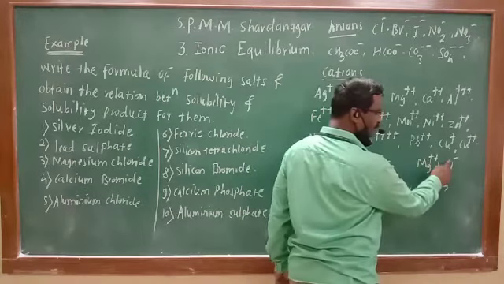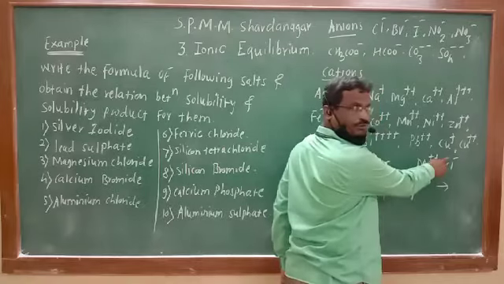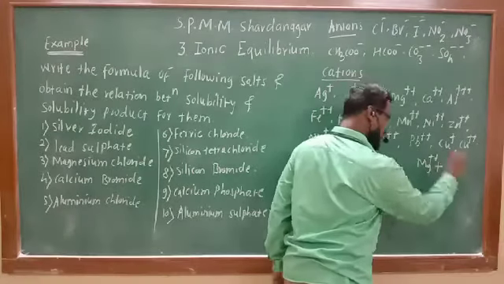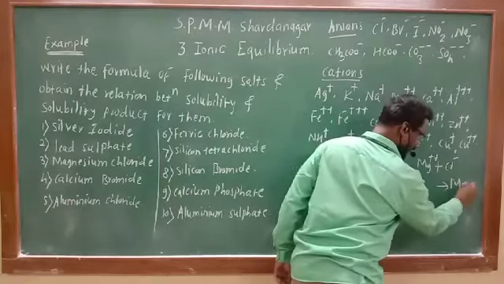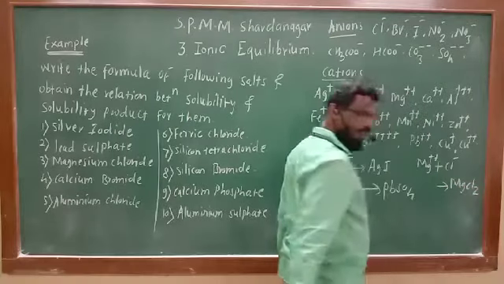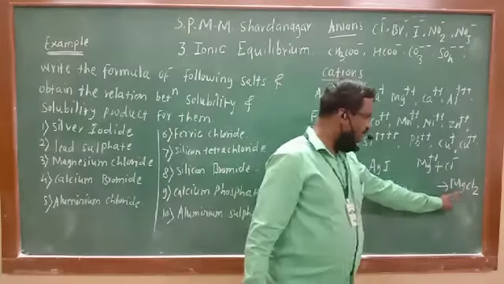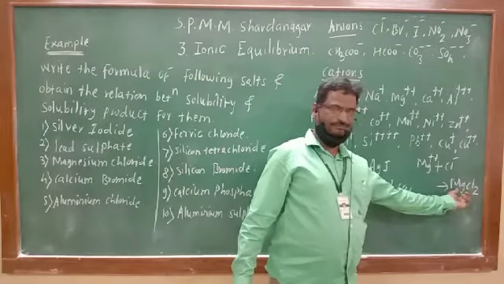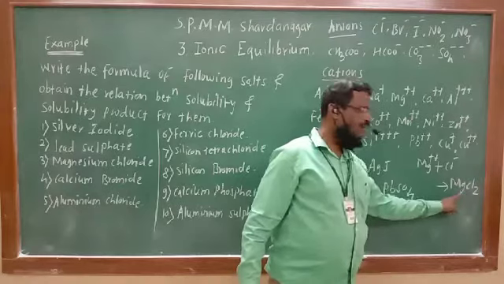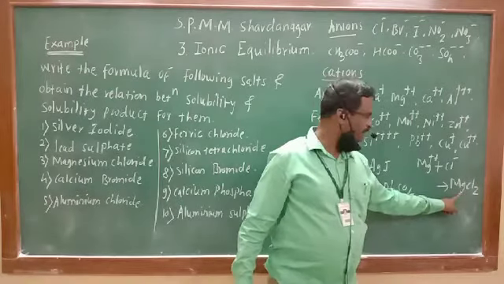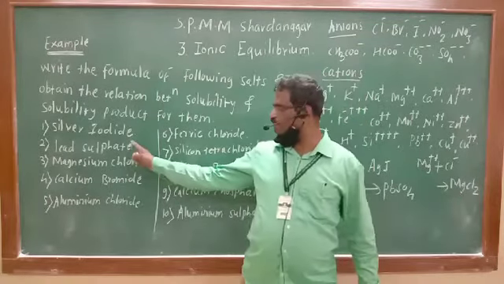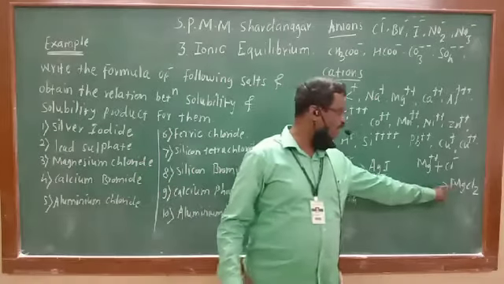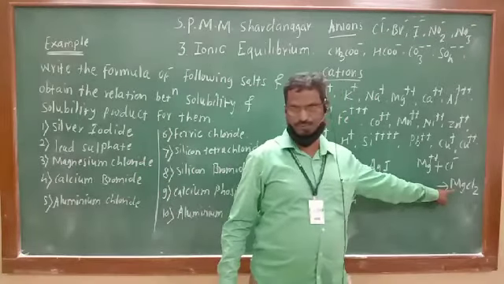So plus 2 and this must be minus 2. Here there is only minus 1, so this should be taken 2 times. MgCl2. Now plus 2 and minus 2 are balanced by each other, and the neutral salt MgCl2 is obtained. Therefore, magnesium chloride has the formula MgCl2.